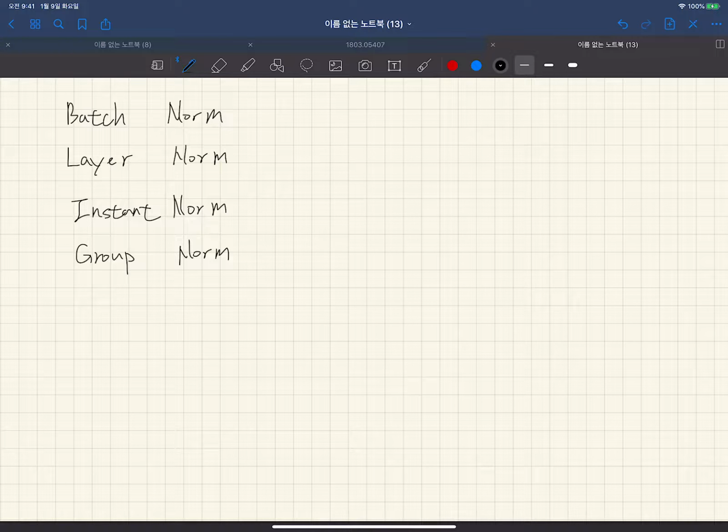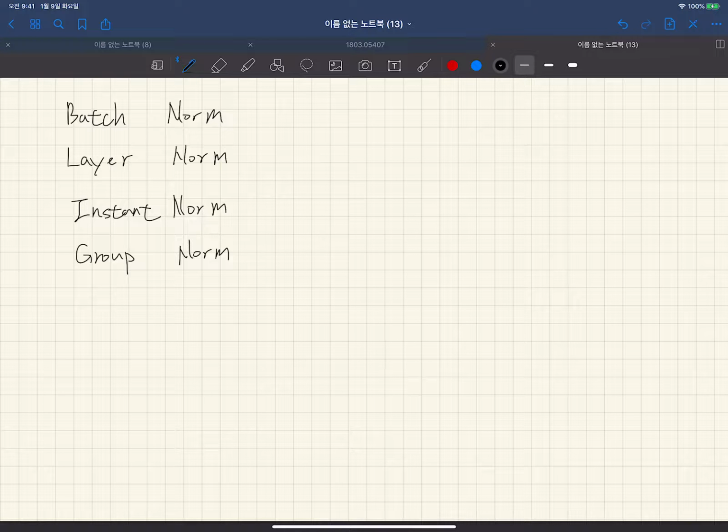Batch normalization takes the average and the variance computation from a mini batch for one single channel. So you take the entire image map for one given channel using many different data points in one mini batch.